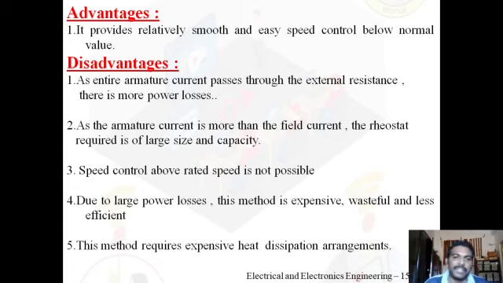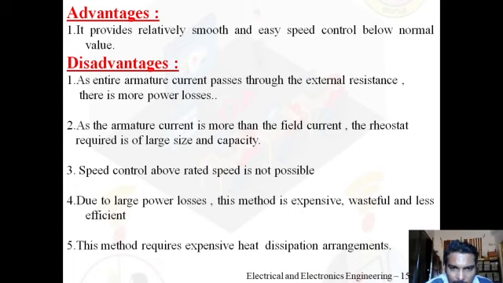Automatically the cost increases, because the current flowing through the rheostat connected in series with the armature increases with the load. Therefore, the size and current handling capacity should be increased.